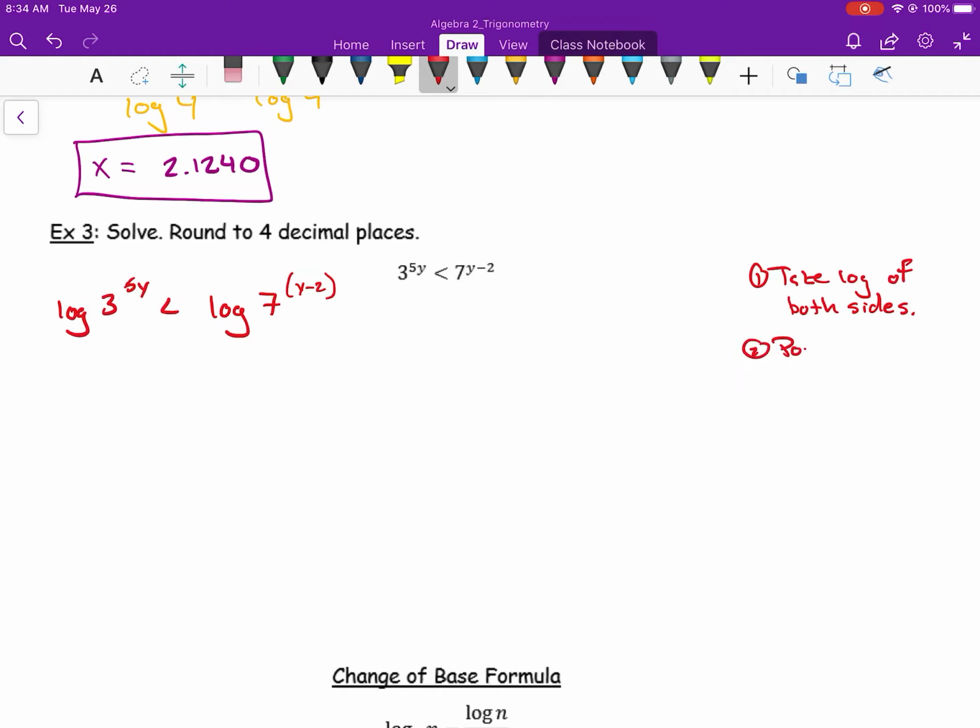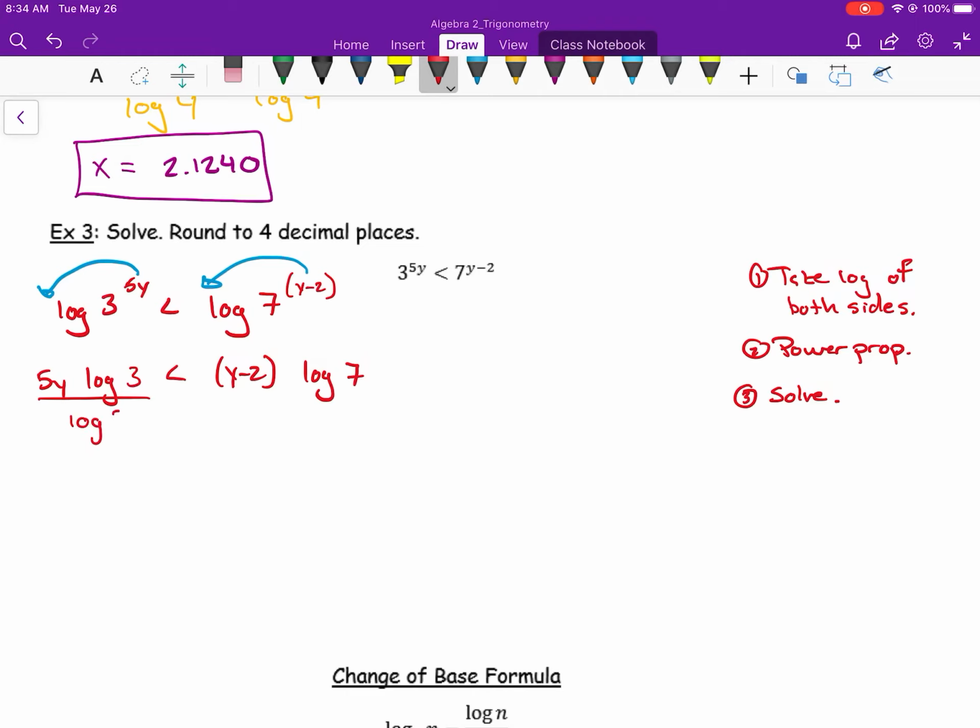We do our power property, so I'll just drop these exponents in front. We have 5y log 3 is less than y minus 2 times log 7. Now I just have to solve. These logs are actually numbers, so just treat them like numbers. So divide by log 3.